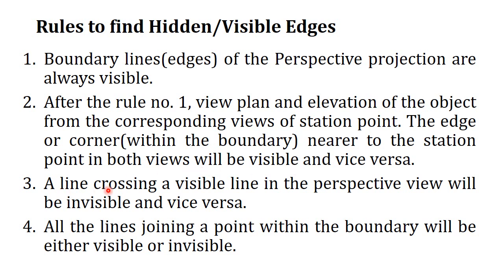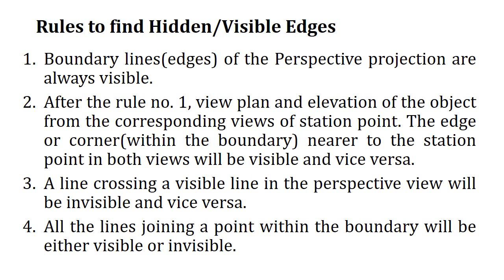The next tip is that a line crossing a visible line in the perspective view will be invisible and vice versa. In other words, a line crossing an invisible line in the perspective view will be a visible line. The last tip is that all the lines joining at a point within the boundary of the perspective view will be either visible or invisible.